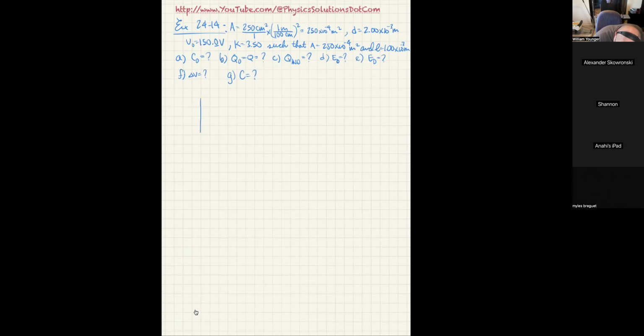Again, what we can do here is imagine the dielectric like the capacitor plates like this.